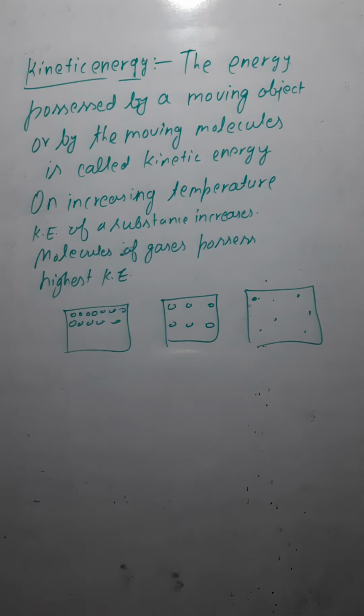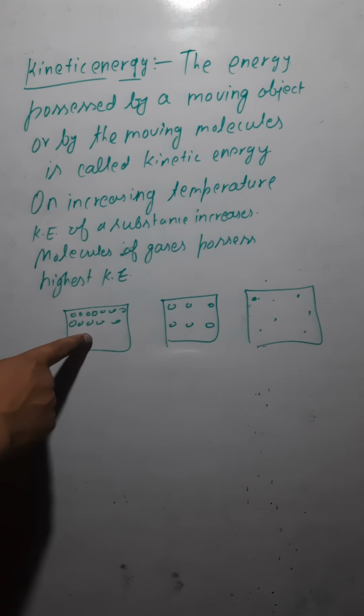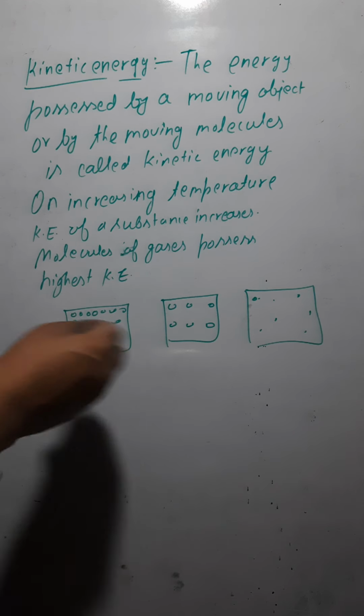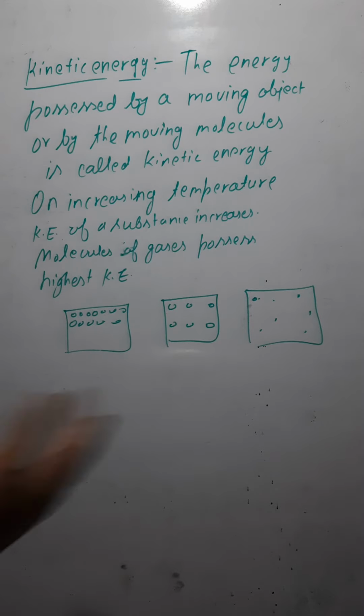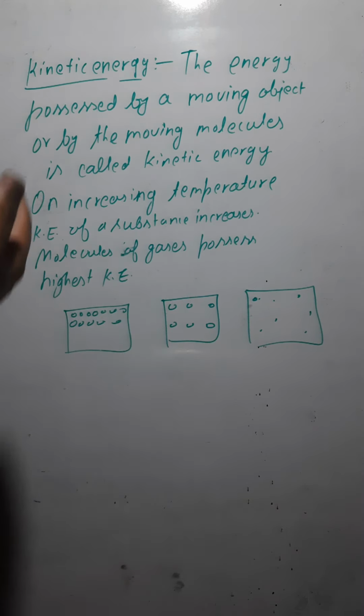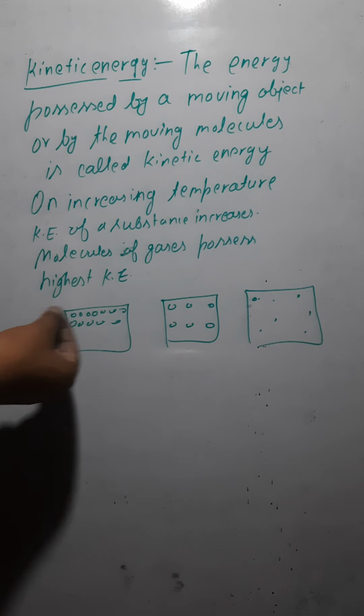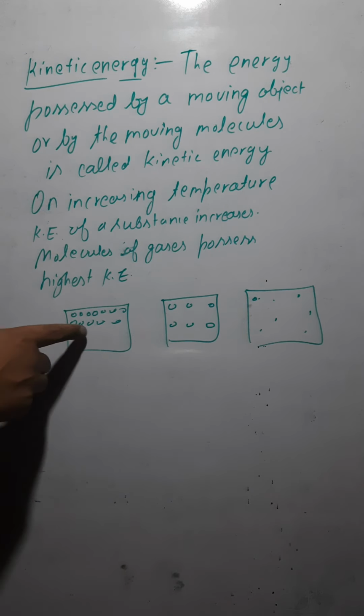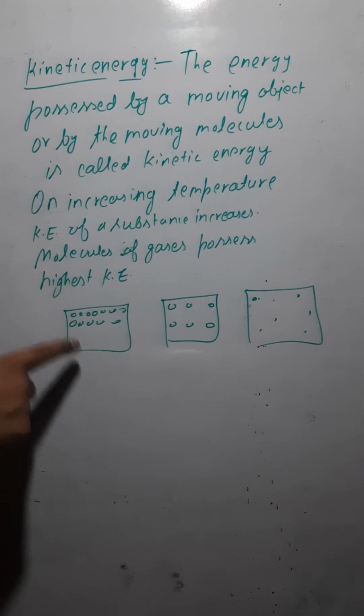Here the particles do not have the space to move freely. They would move but not too much. So the kinetic energy of the particles would be very little here.